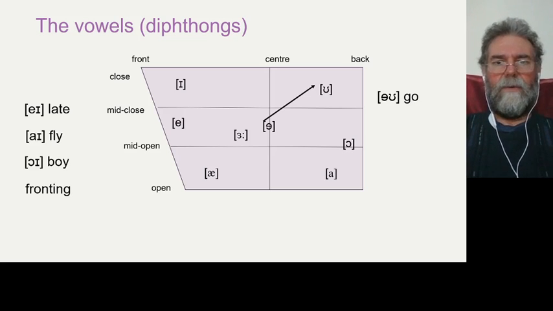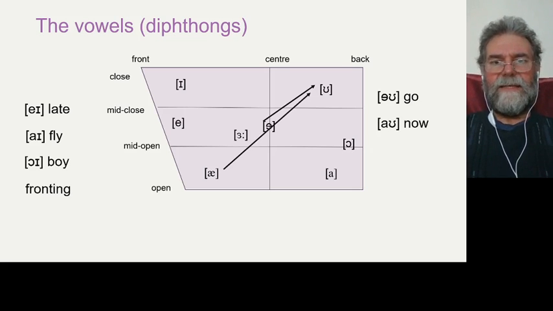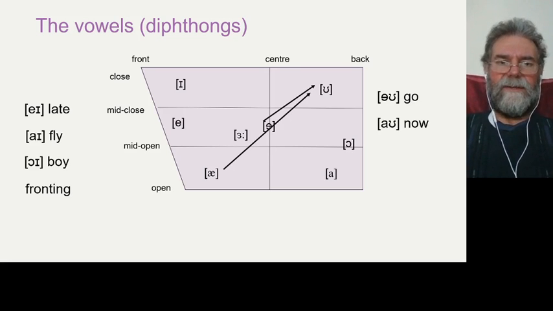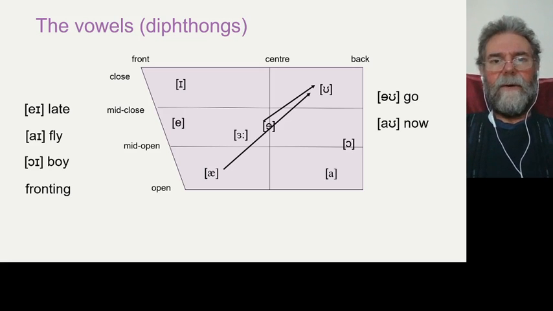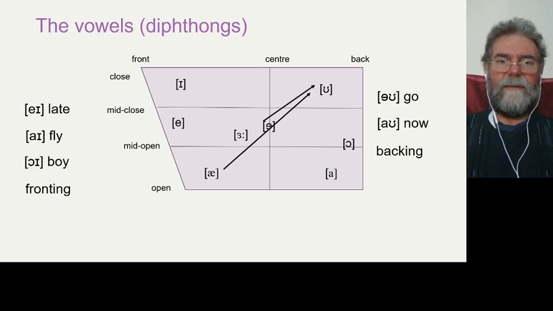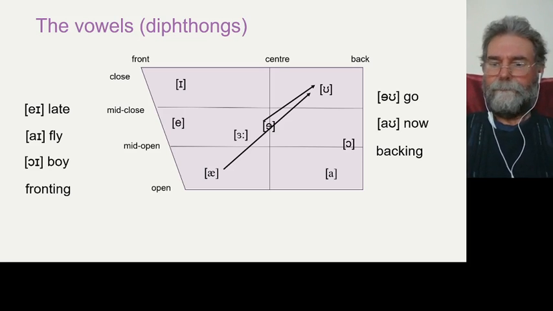Okay, O. Another one which ends in the same sort of place is ow, as in the word now. That one starts off quite open and towards the front, near to the a position, but ending up near to the u position. Ow. Okay, those ones are known as backing diphthongs because they move towards the back.